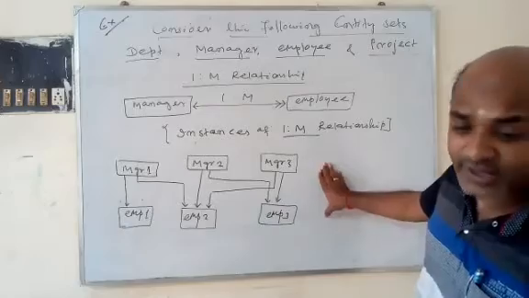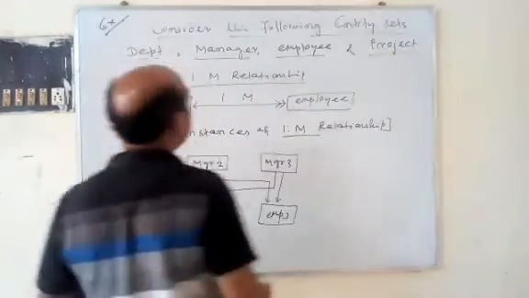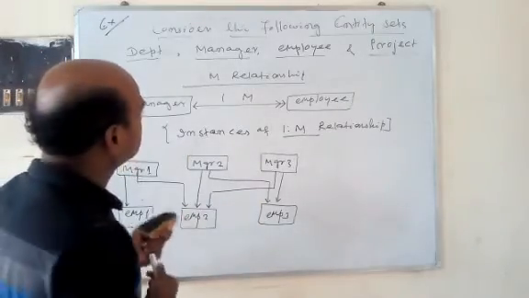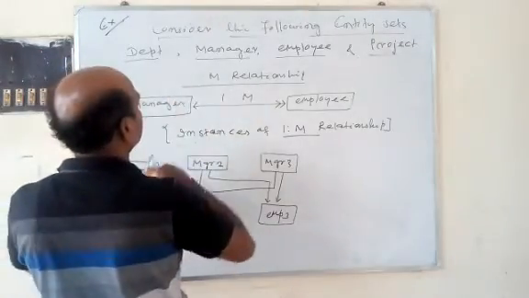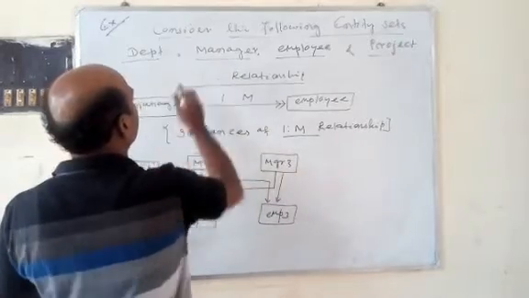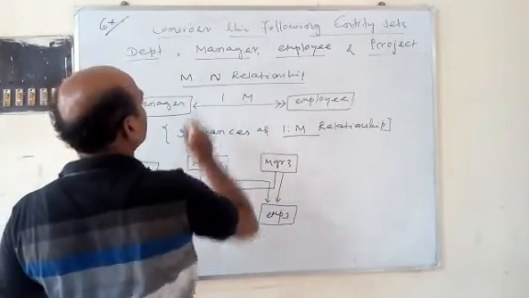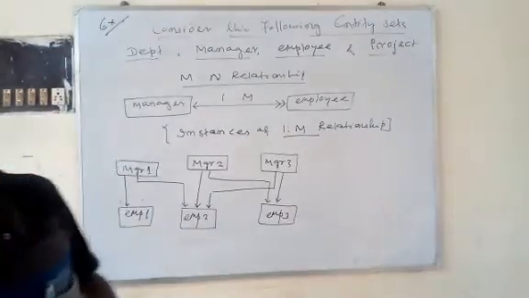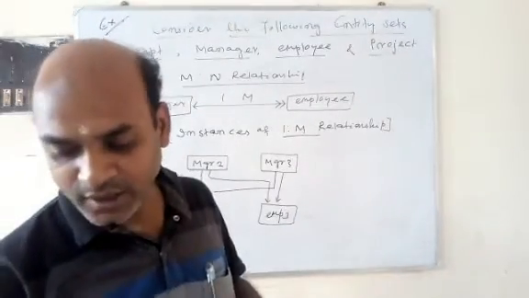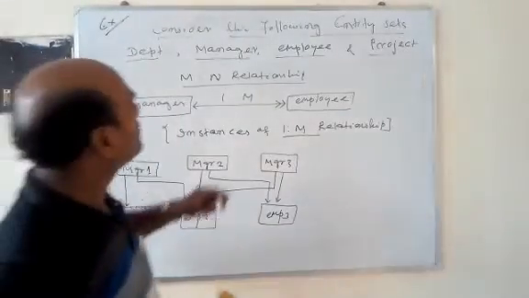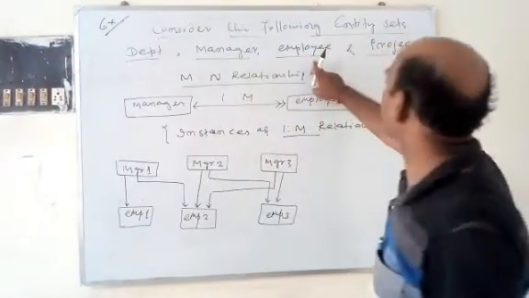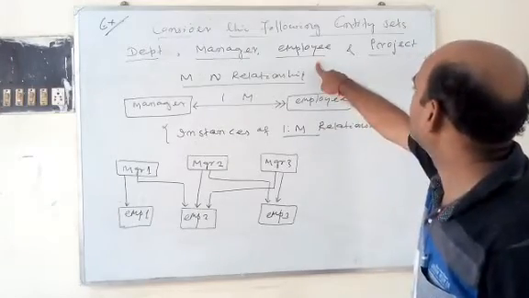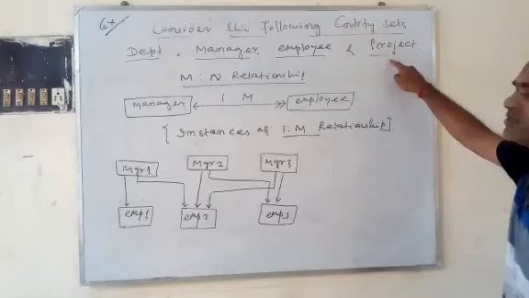So the most important thing is many to many relations. I can write here many to many, m and n. This many to many relations. Okay. So for this example, suppose an employee can work in a project.